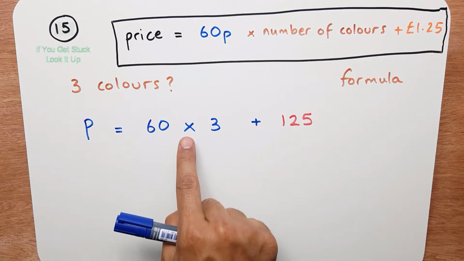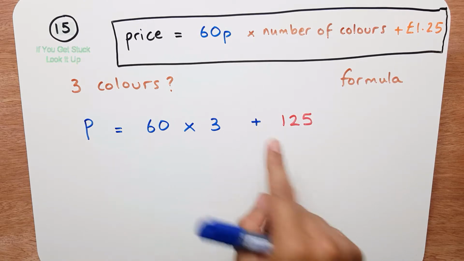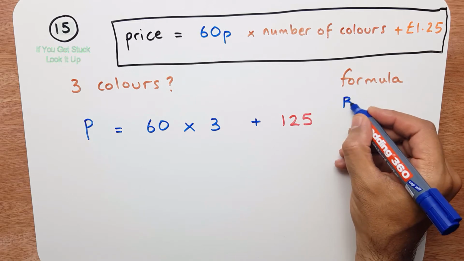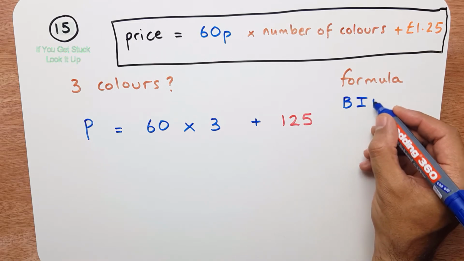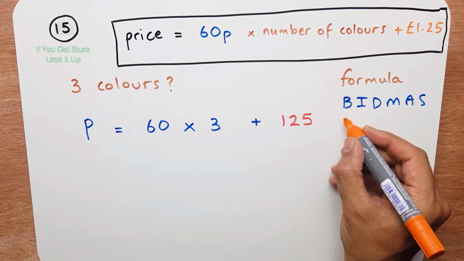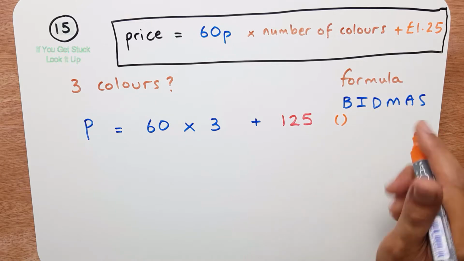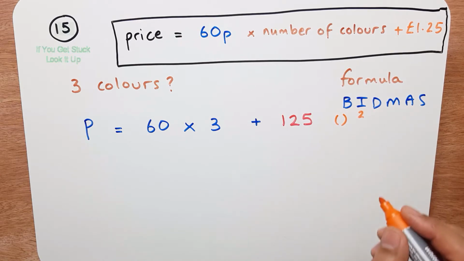Now the question is, do you do times or add first? And we've done this before with BIDMAS. The B is for brackets. The I is for index, or that little number at the top.